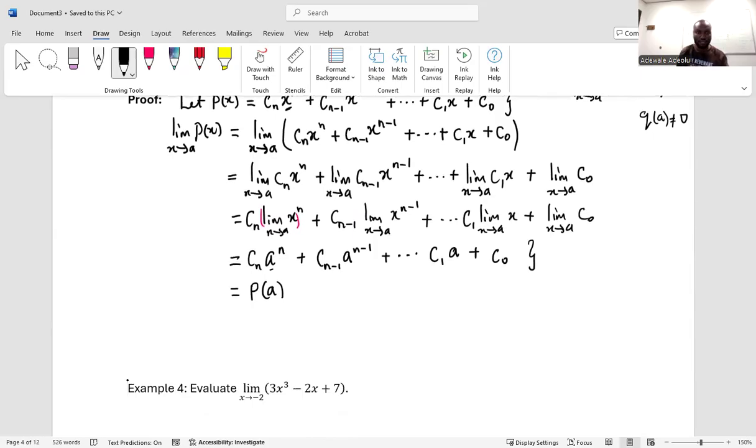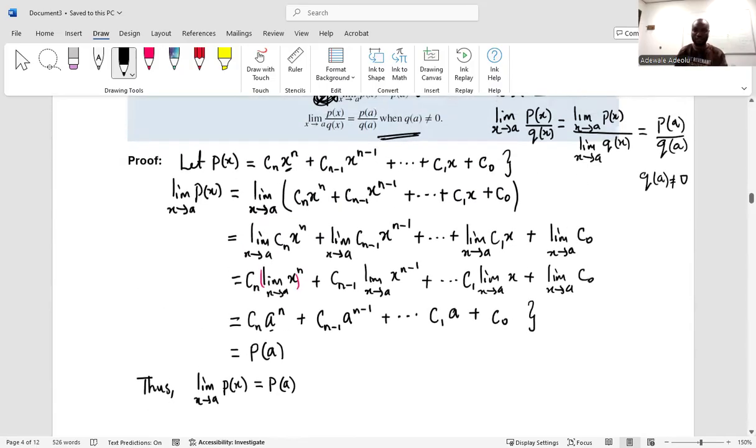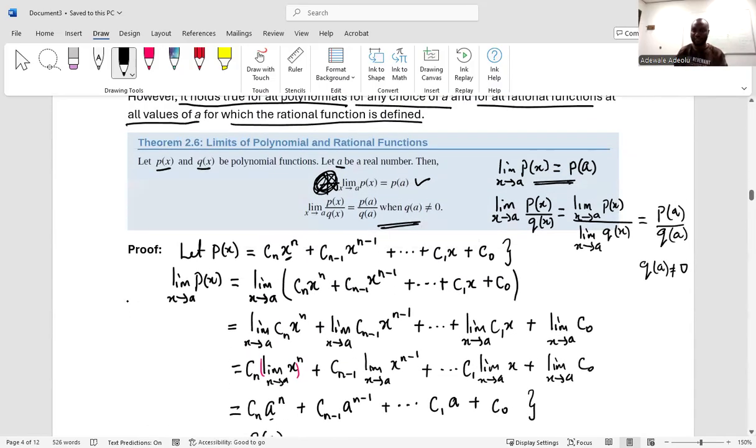Thus, the limit as x goes to a of a polynomial function is as if we are evaluating that polynomial function at a. So also, we don't need to prove the other one, because I just proved this one, so we can just use it. So that is that.